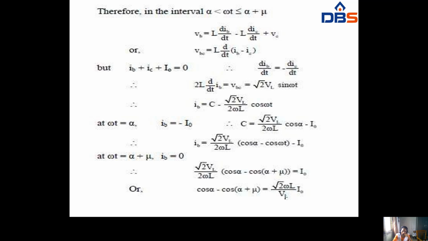At omega t equal to alpha plus mu, IB equal to 0. Therefore, root 2 VL by 2 omega L into (cos alpha minus cos of alpha plus mu) equal to I naught. So by simplifying this, cos alpha minus cos of alpha plus mu equal to root 2 omega L by VL into I naught.